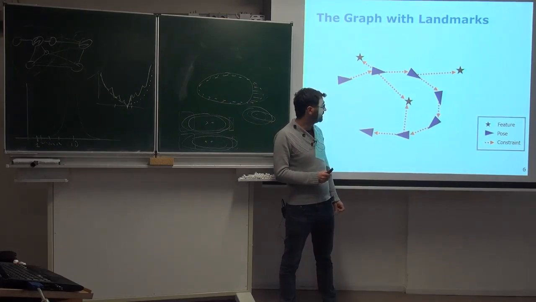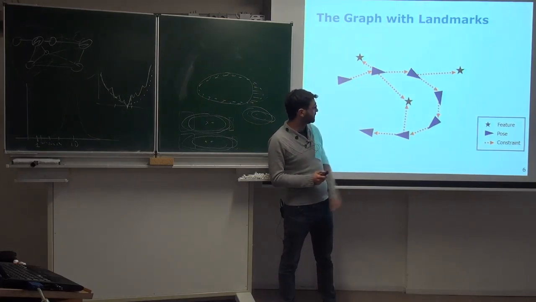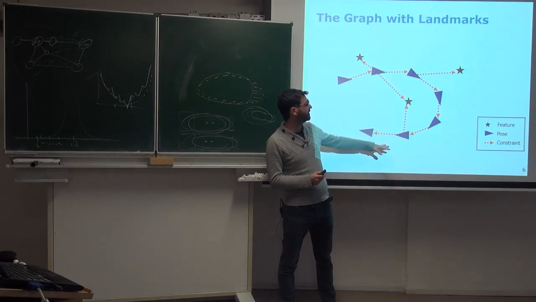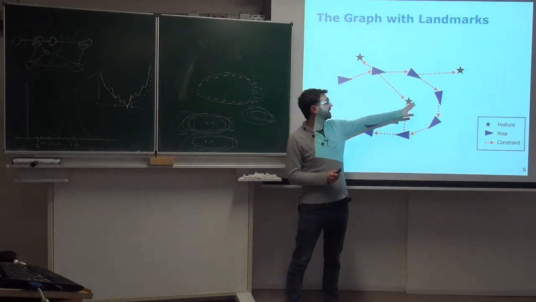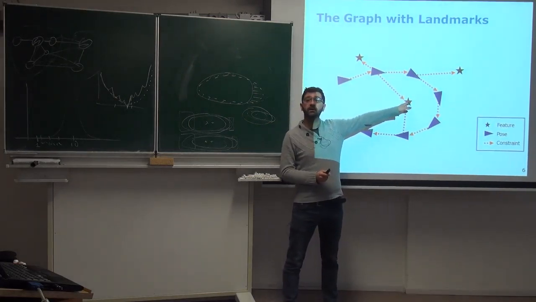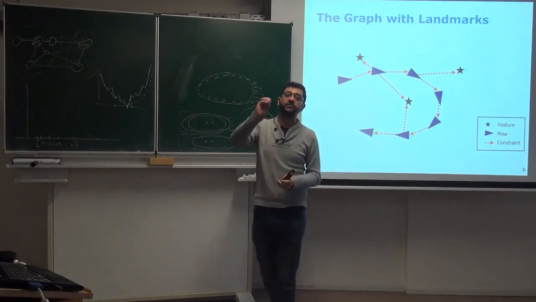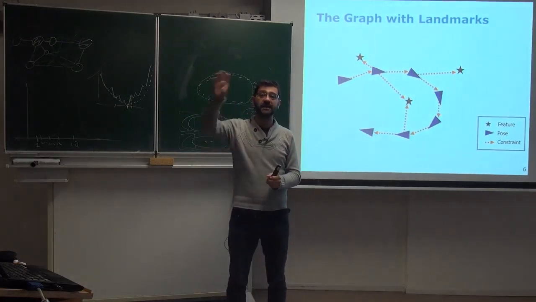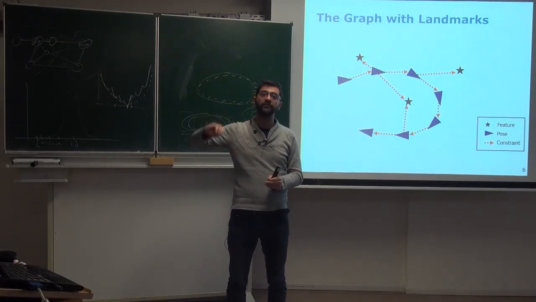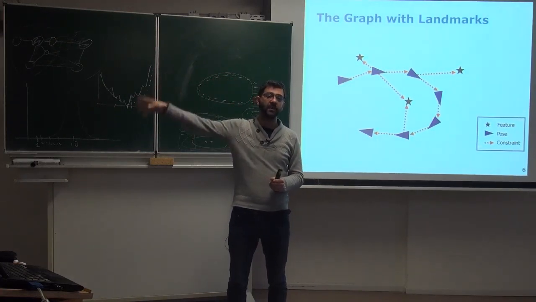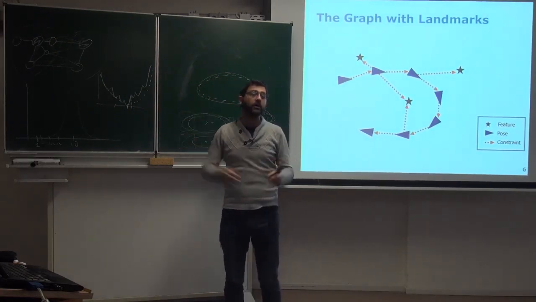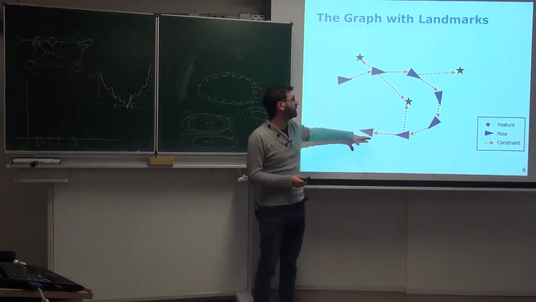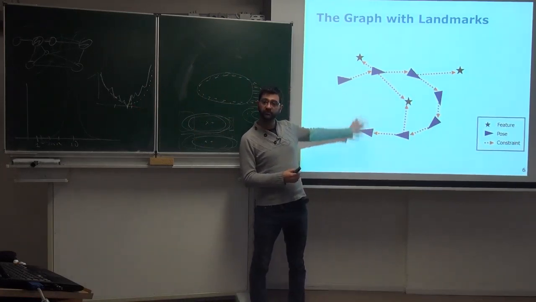And the second reason is that, for simplifying things, we just consider data association on the landmark level. Okay, so the only data association decision that we make is whether the landmark that I'm observing right now is the same as one of the landmarks that I have in my map.